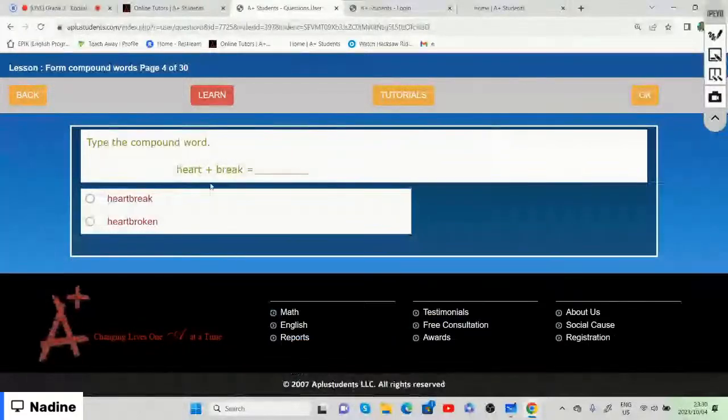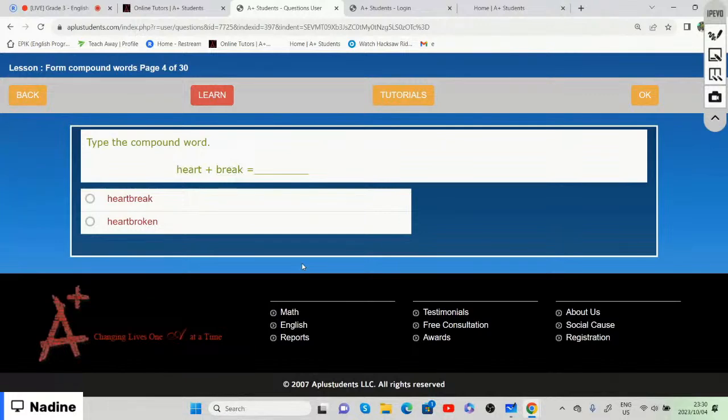And the last one, heart plus break. What is heart plus break? Is it heartbreak or the second option, which is heartbroken? Heart plus break. Is it heartbreak or heartbroken?